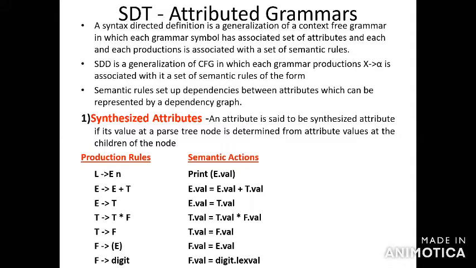In indirect triples, instead of 0, 1, 2, 3, you use some other values in the table: for 0 you use 11, for 1 you use 12. That is called indirect triple. So in 3 address code representation, we have quadruple, triple, and indirect triples. These are the types of 3 address code representation.